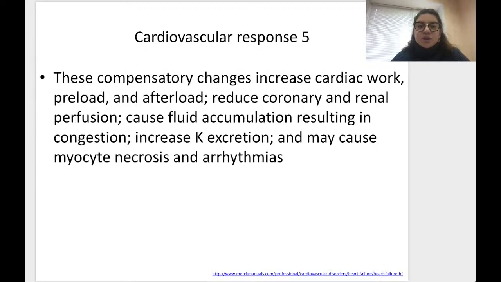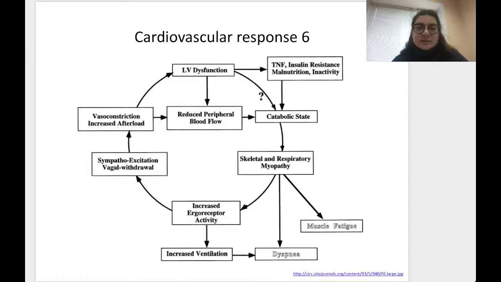These compensatory changes increase cardiac work, preload and afterload, reduce coronary and renal perfusion, and cause fluid accumulation, resulting in what? The cycle of cardiovascular response. Primarily, it goes with left ventricle dysfunction, which, with the help of anabolic hormones like insulin resistance, inactivity, and natriuretic peptide, leads to a catabolic state.